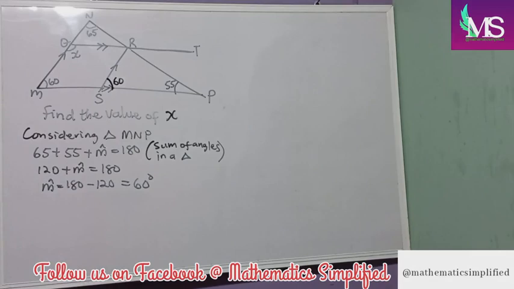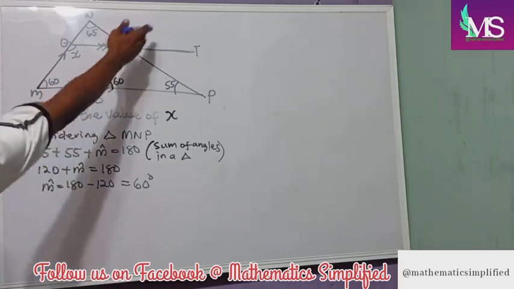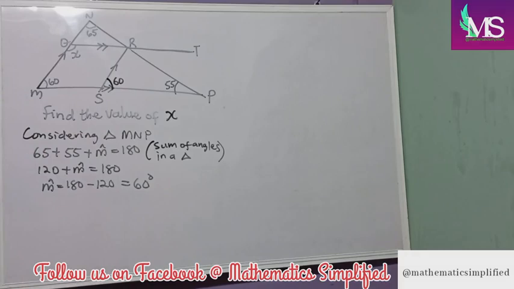Why? They are referred to as corresponding angles. Since this angle is 60, the same transversal will also make the same angle at that point.